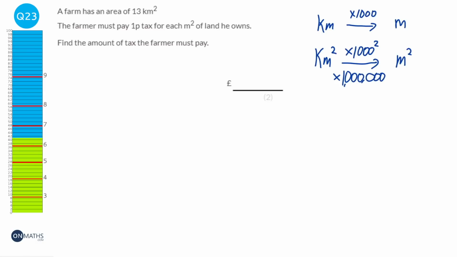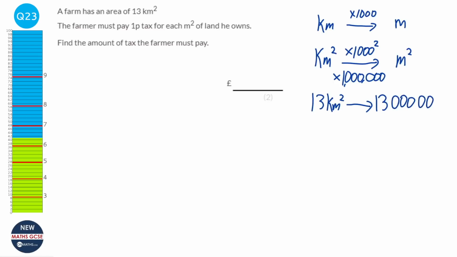So 13 kilometers squared is going to be the 13, and then it's going to be times by 1,000,000. So 1, 2, 3, 1, 2, 3. So it's going to be 13 million. Now, it says here the farmer must pay 1 pence tax for every metre squared. So this is going to be 13 million metres squared.